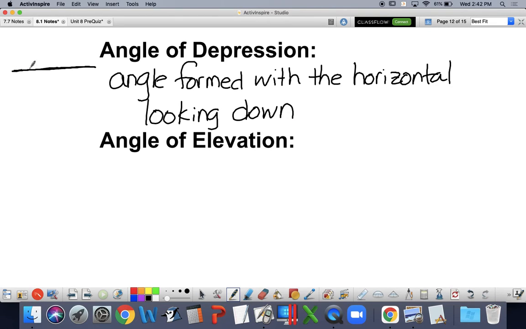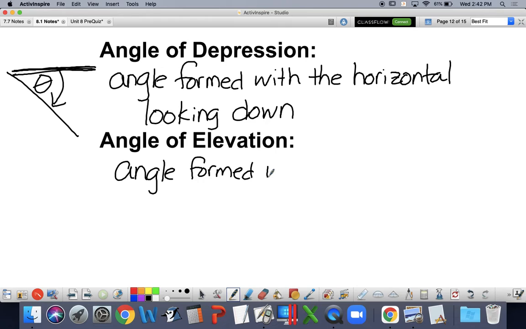Here is your angle with the horizon at that level. The angle of depression is just that looking down angle from your horizon, from your vantage point. It is going to be the same angle as the angle of elevation. It's the angle also formed with the horizontal, but you're looking up.